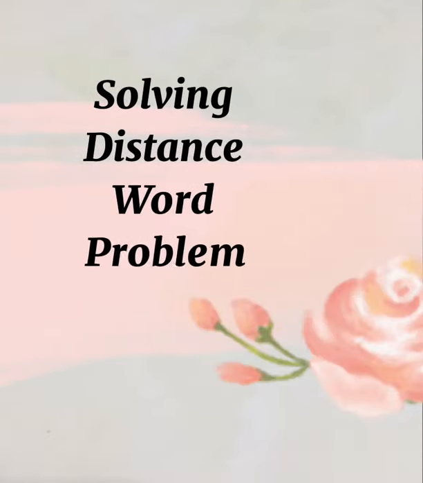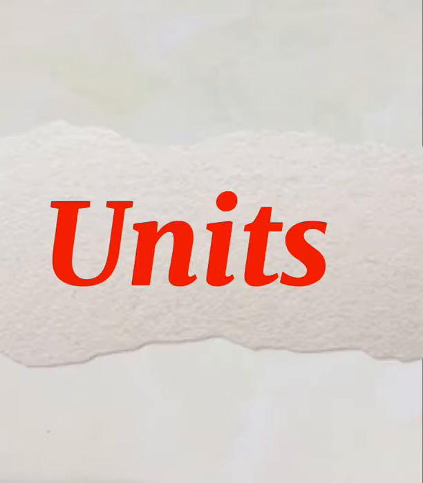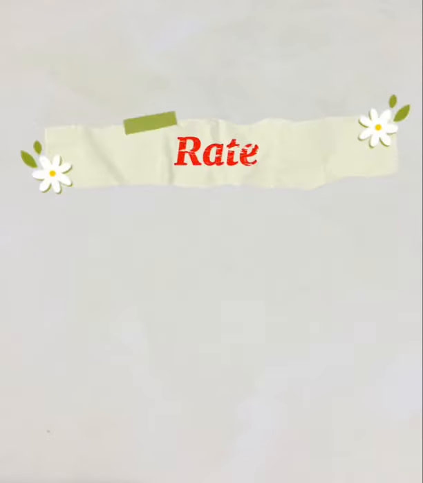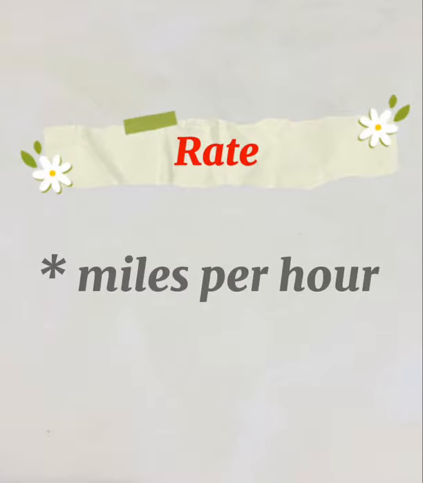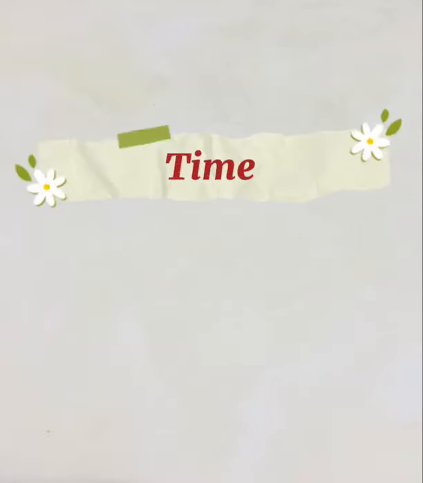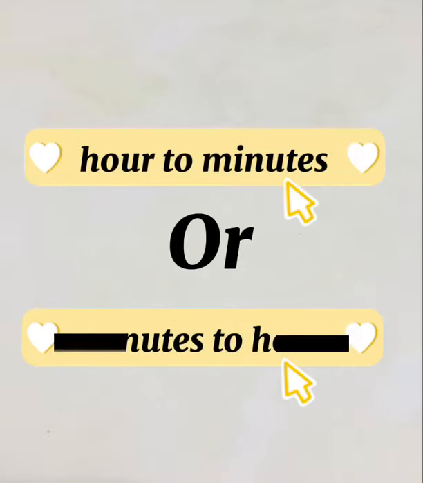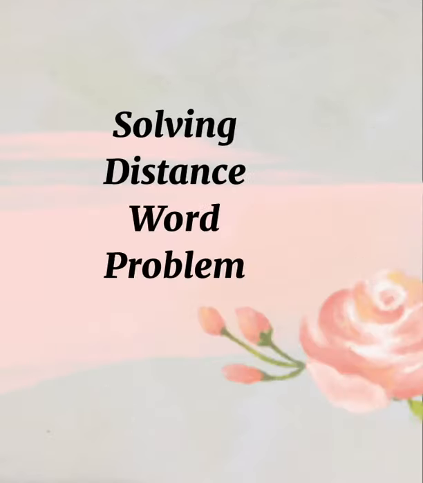In solving distance word problems, we need to make sure that we change the units when it is necessary. For example, if the rate is given in miles per hour and the time is given in minutes, then we need to change the units appropriately. In solving distance word problems, it will be helpful to use a table to organize the information.